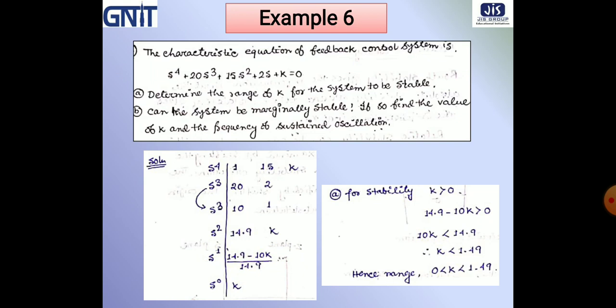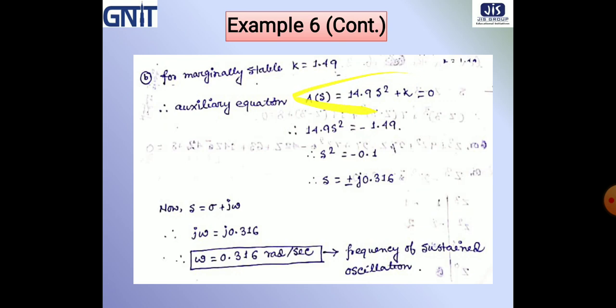Okay, so if this total row becomes 0, then you have to take the previous row, and using the previous row coefficients, we have to write the auxiliary equation. So just write the auxiliary equation using the previous row, that is A(s) equal to 14.9 s square plus k is equal to 0, and just differentiate it.